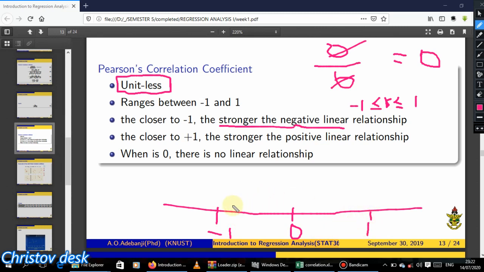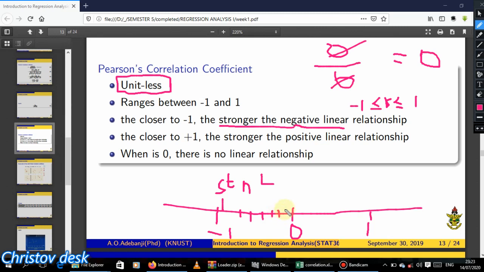So if you are very close to this, somewhere here, we say that there's a stronger negative linear relationship between the two variables. Okay, so the more you move away from -1, the relationship becomes weak.